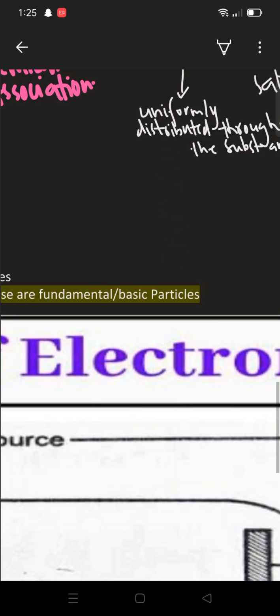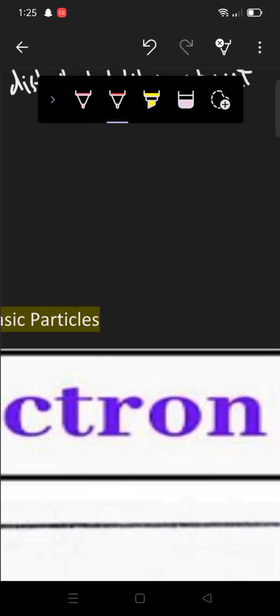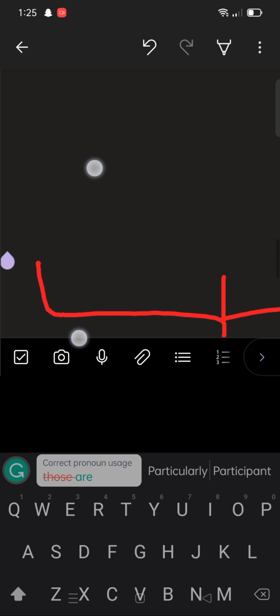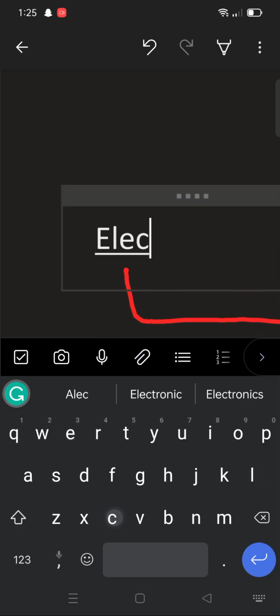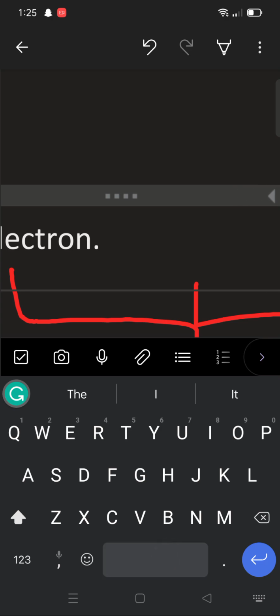And those are electron, proton and neutron.